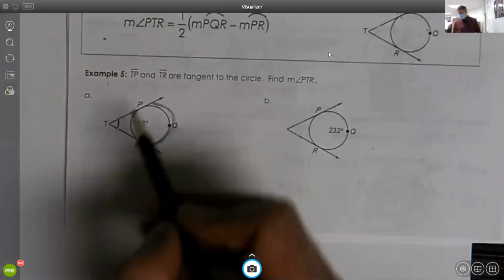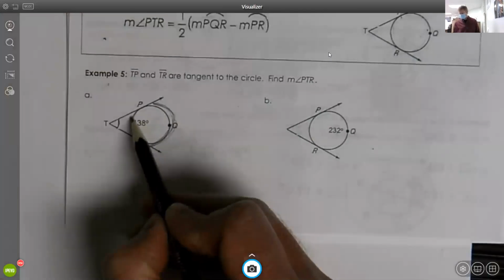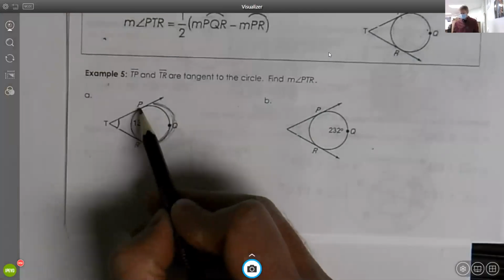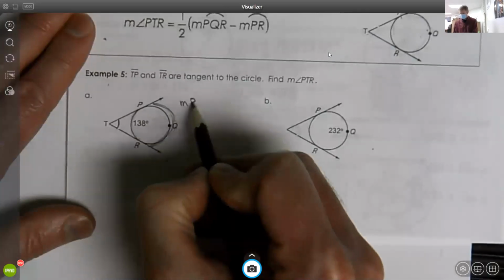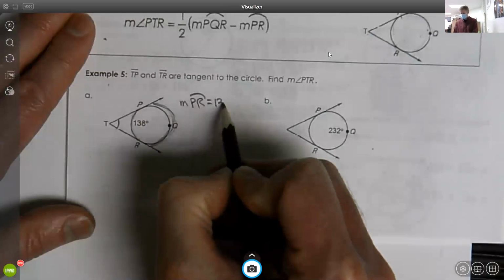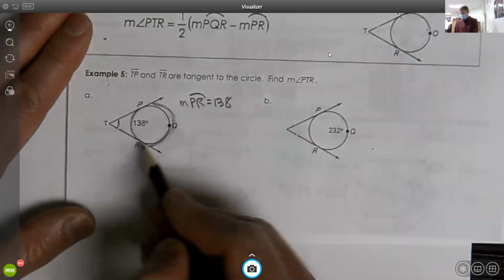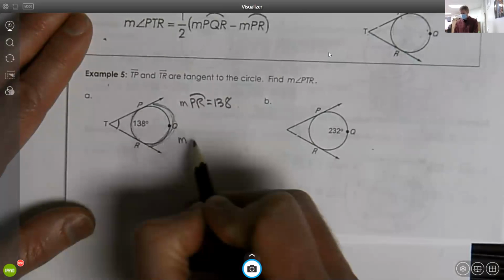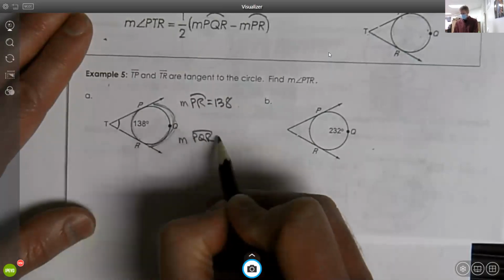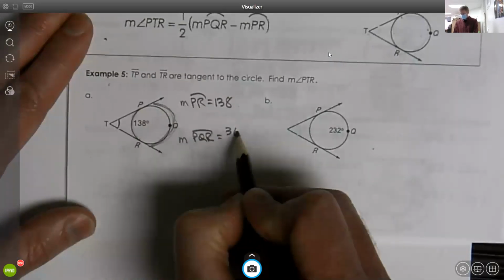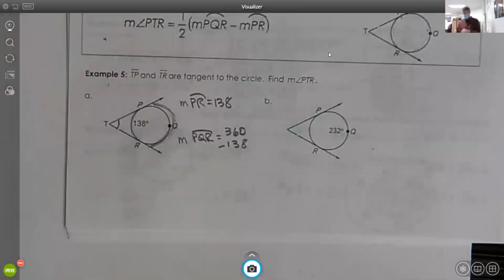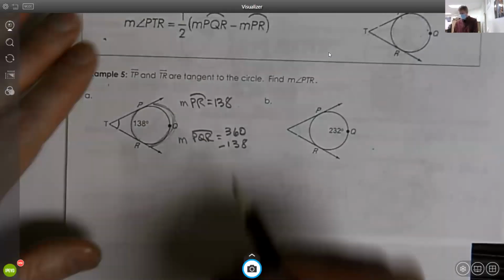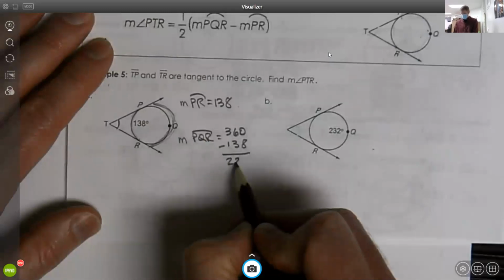So if this is 138 from P to R, we know the measurement of arc PR equals 138. We're going to be able to figure out that the measurement of arc PQR is going to be 360 minus the 138, 222.